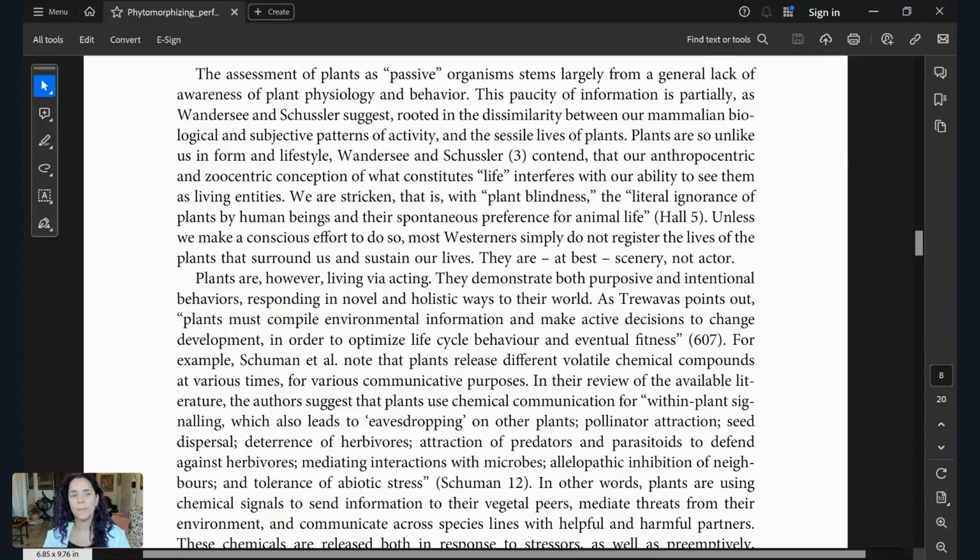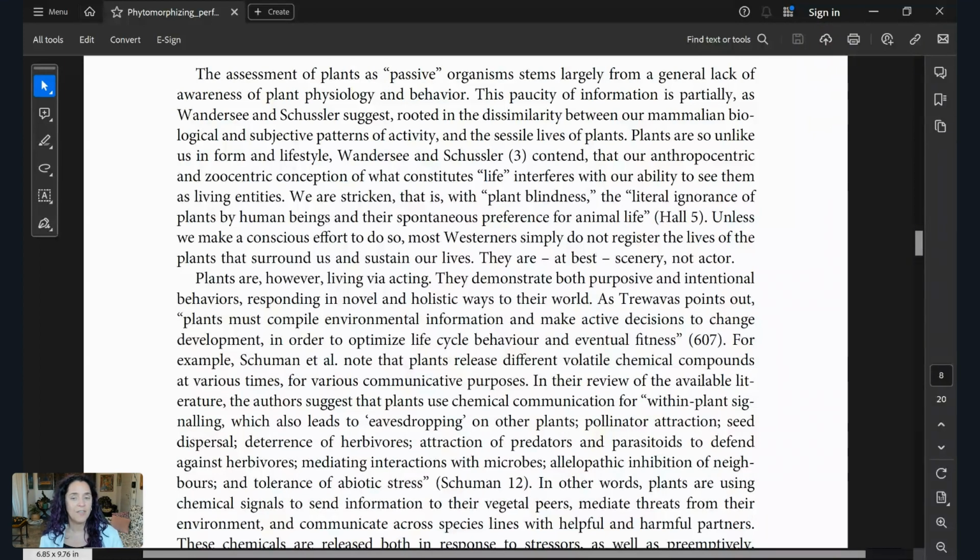But plants don't? The assessment of plants as passive organisms stems largely from a general lack of awareness of plant physiology and behavior. This paucity of information is partially, as Wandersley and Schussler suggested, we know what word they're going to come up with. What is Wandersley and Schussler? You know this. Plant blindness. Rooted in the dissimilarity between our mammalian biological and subjective patterns of activity and the sessile lives of plants. Plants are so unlike us in form and lifestyle.